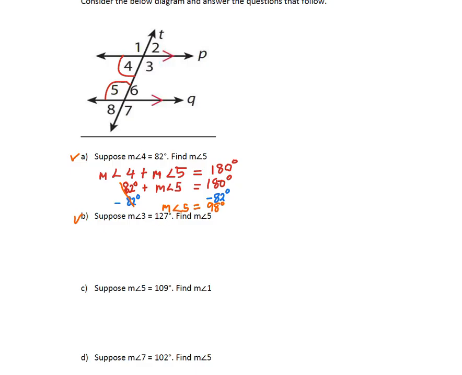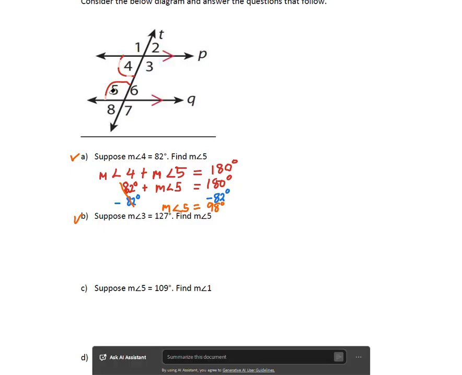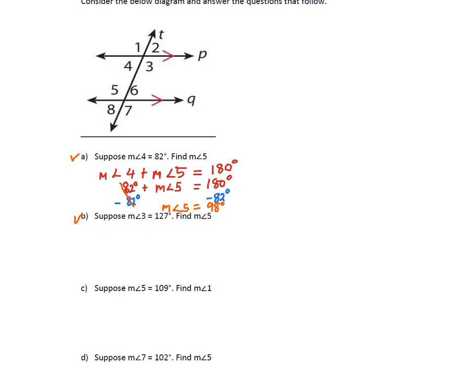In part B, we're asked to suppose that angle 3 is equal to 127 degrees, and to find angle 5. So let us locate the angles of interest.